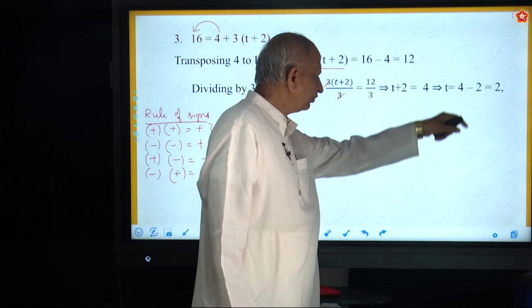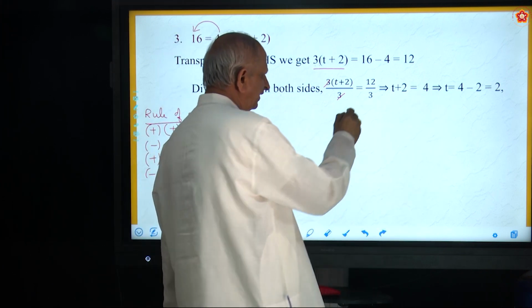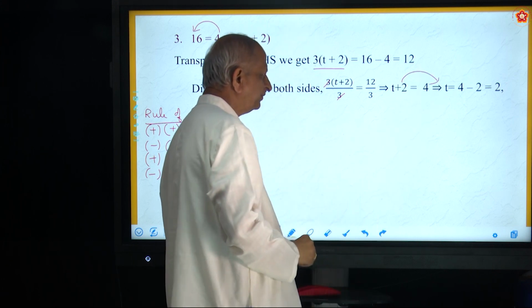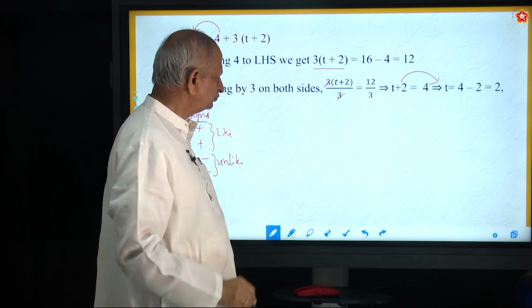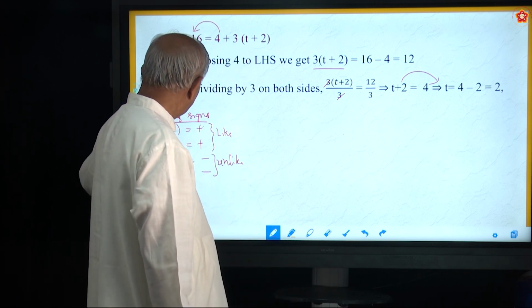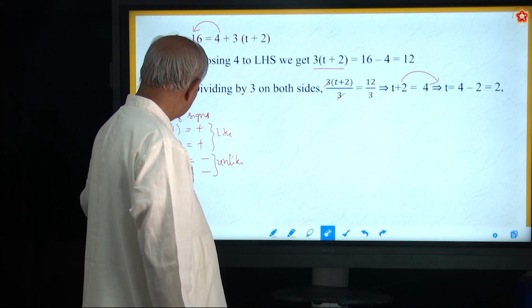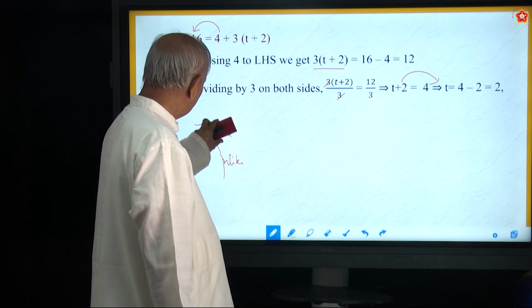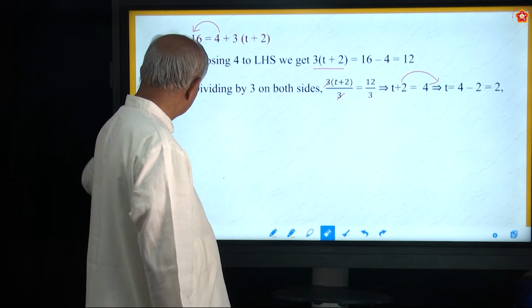So, t is equal to plus 2 brought to right side becomes minus 2, correct? So, you have t is equal to 2. Now, we will check whether it is true or not.